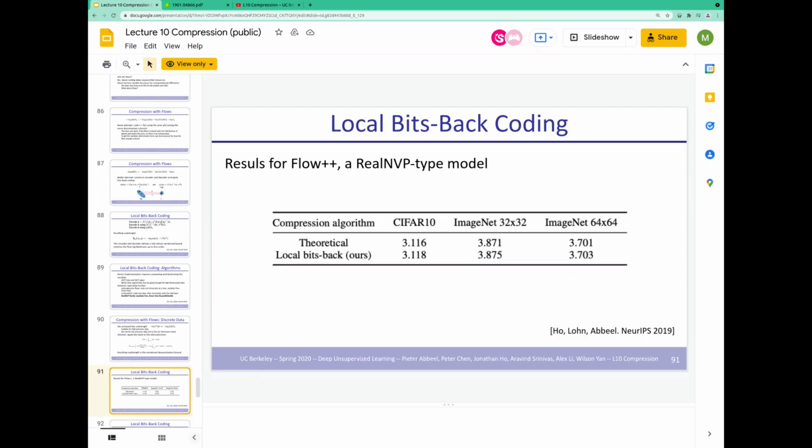Is that correct? So if you want to use this compression algorithm, you need to make sure somehow that your data is distributed in a similar way to the training data, right?